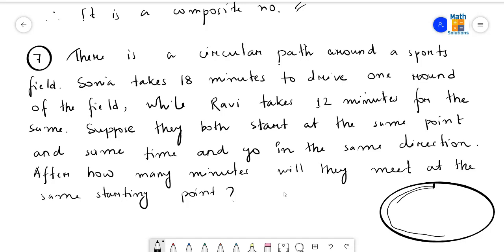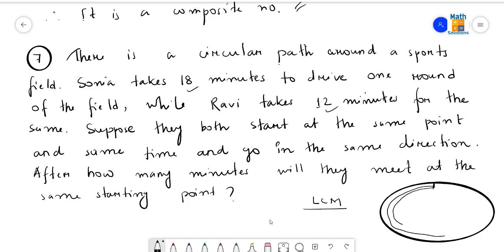There is a difference: one of them is taking more time and one is taking less time. So there must be something common, a minimum common time which will allow them to meet at the same starting point again. That is nothing but LCM. We have to calculate the LCM of 18 and 12 here.